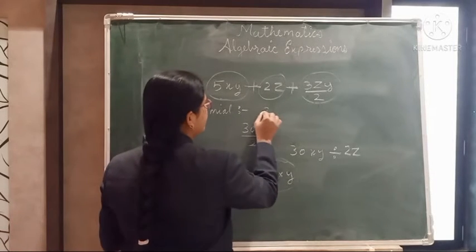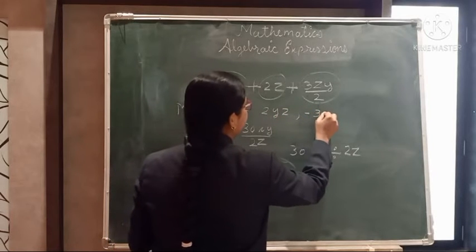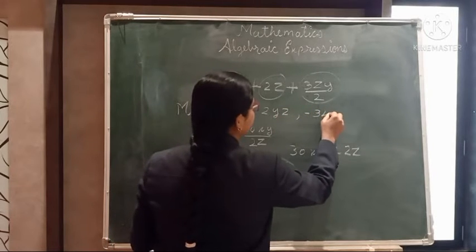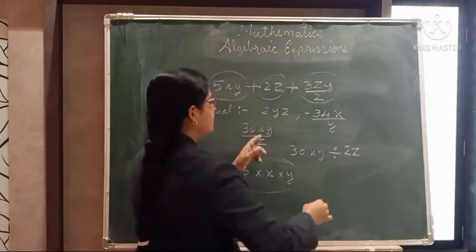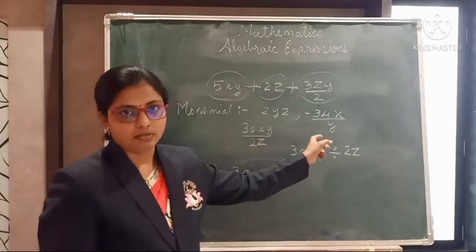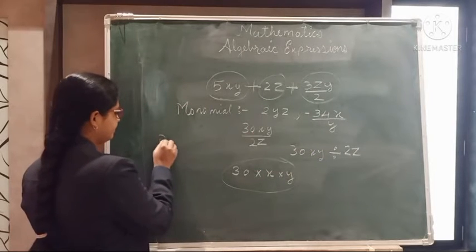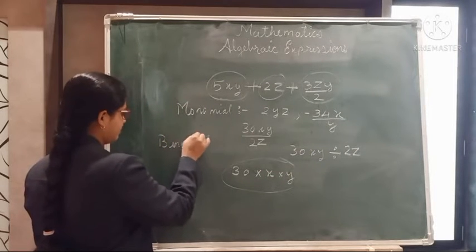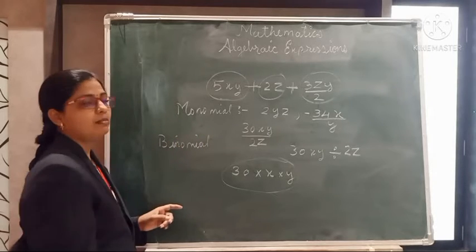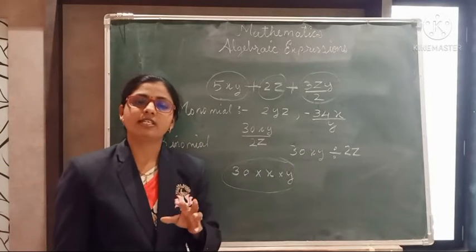For example, 2yz, negative 34x upon y. So these are monomial terms. Then the next one is binomial. Binomial means what? Bi means 2. So there will definitely be two terms.